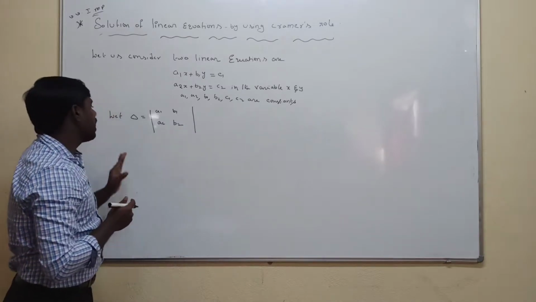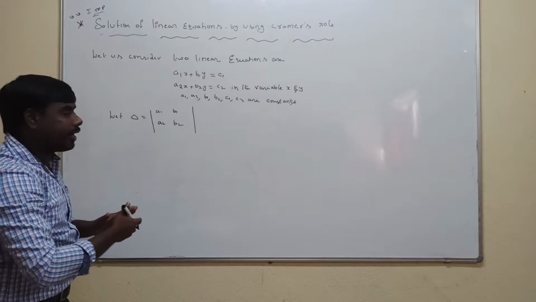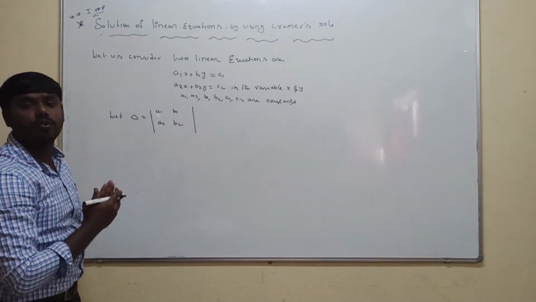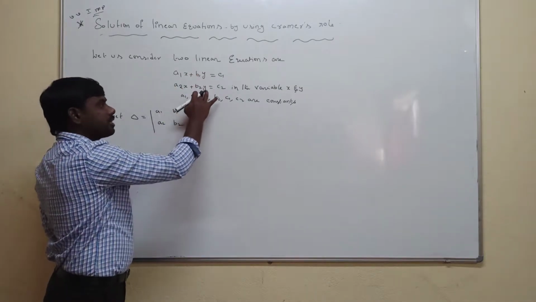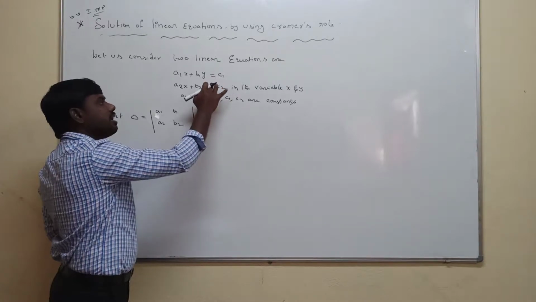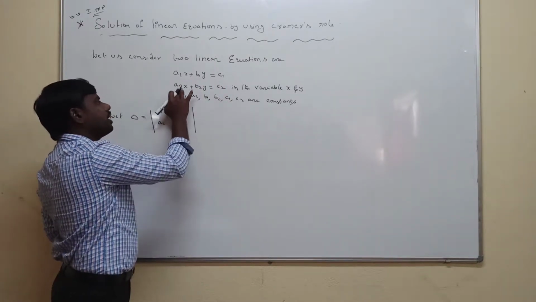Everyone understood? We assume delta is equal to the determinant of the coefficients of x and y values in the given equations. The x and y coefficient values are nothing but a1, b1, a2, b2.